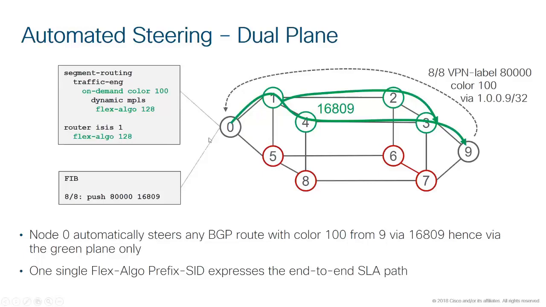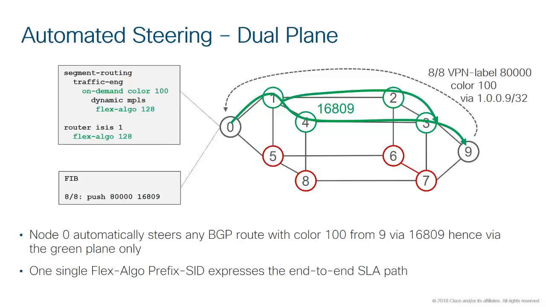And so immediately node 0 installs 8/8 into the VRF with a push of 80,000, which is the VPN label, and then the push of 16809, because this is the prefix SID of the next stop, but for the algorithm 128, which is the one that is mapped to the color 100. This is automated steering. And that is what we did for SRTE 2 years ago, and it's immediately reused for flexible algorithm.